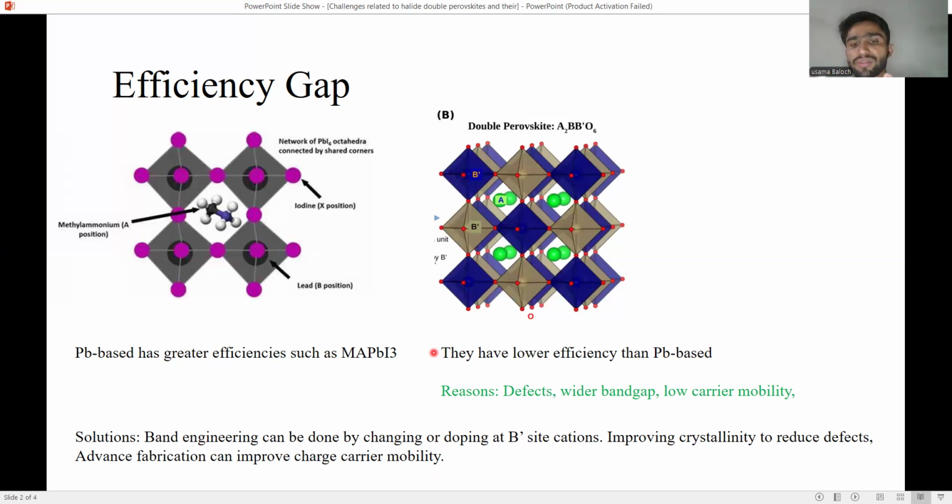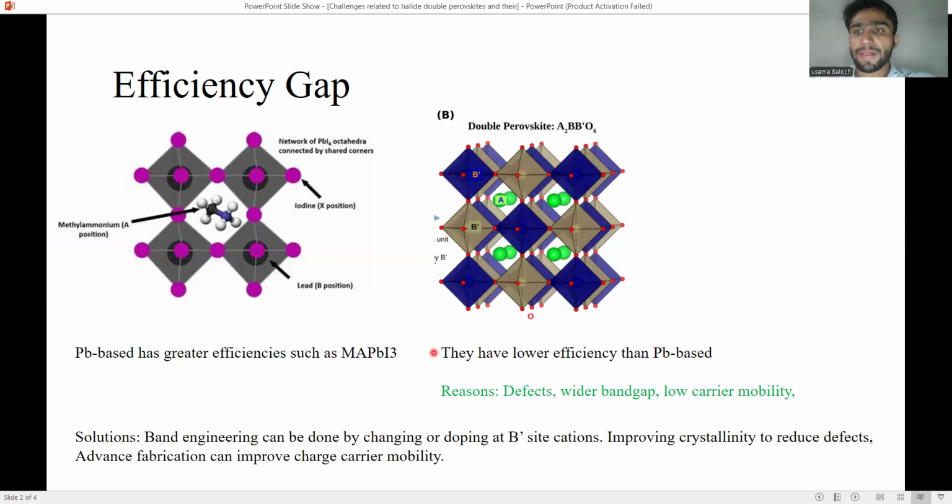Pinholes trap the electrons and holes. When these electrons and holes are trapped, they recombine. When they recombine, they cannot generate current, or contribute to JSC, that is short circuit current density.